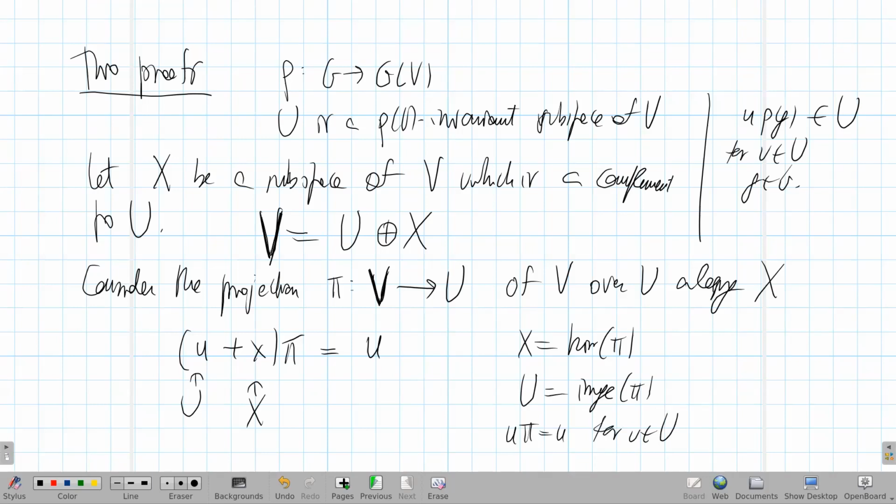Now we do a trick which is extremely important that we've seen before. We consider the map psi on V, which is the following. Leave a space here because I'll construct it step by step. I consider pi, okay?